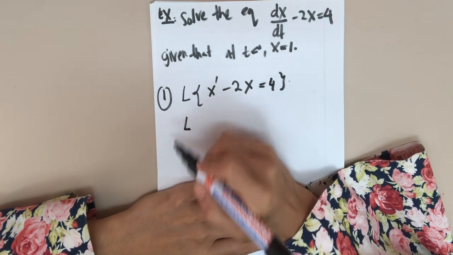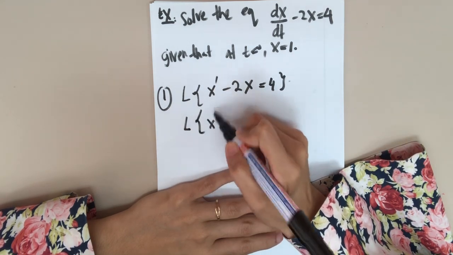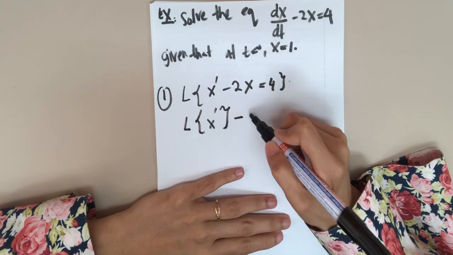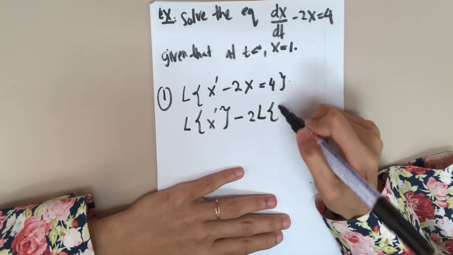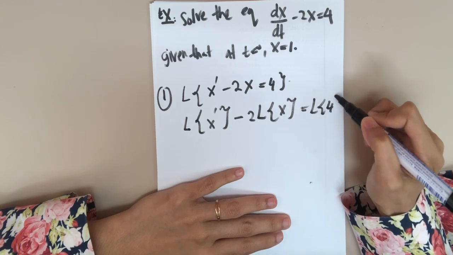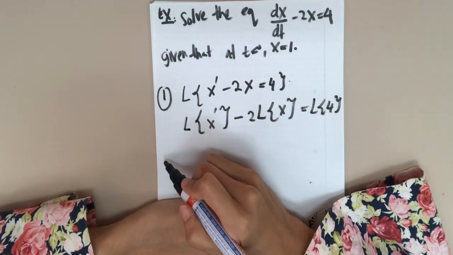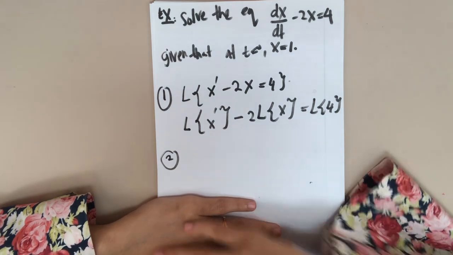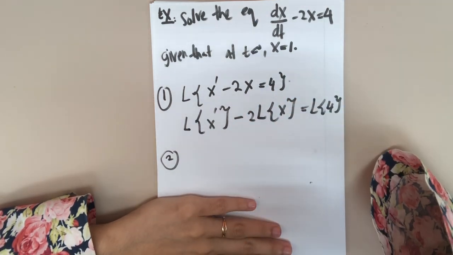If you use the linearity property, you can split it: Laplace transform of x prime minus 2 Laplace transform of x, equal to Laplace transform of 4.